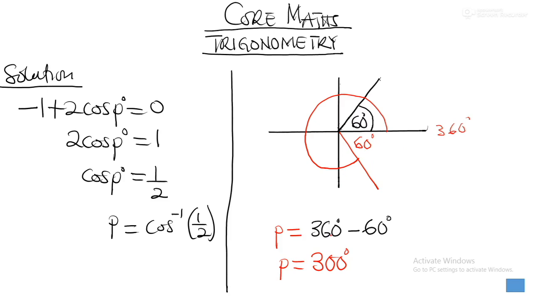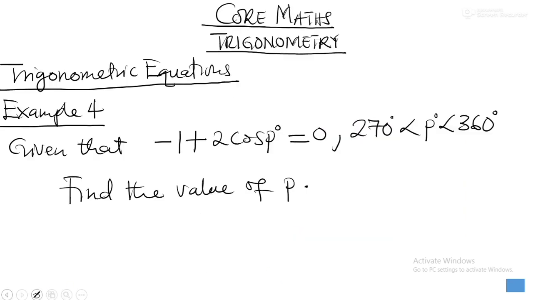So p is equal to 360 degrees minus 60 degrees, and p is 300 degrees. The answer for p is 300 degrees, because the condition is that p should be between 270 and 360.